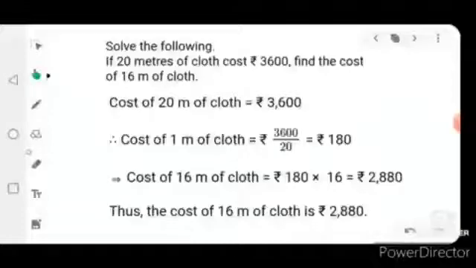What will be the cost of 16 meters? It is 180 multiplied by 16, which gives 2880 rupees. Thus the cost of 16 meters of cloth is 2880 rupees. I hope, students, you understand it better.